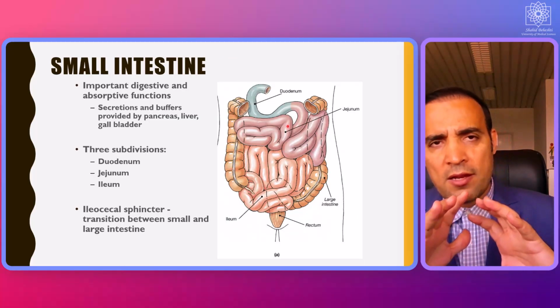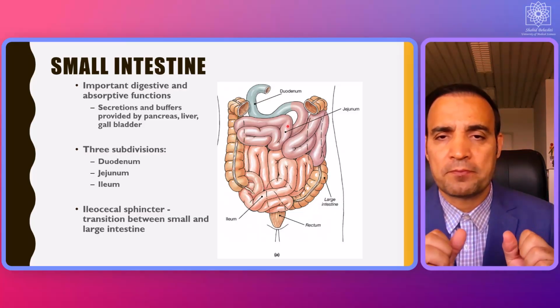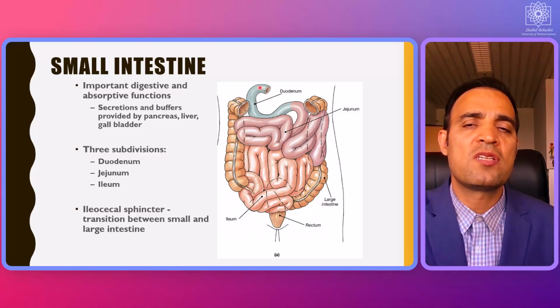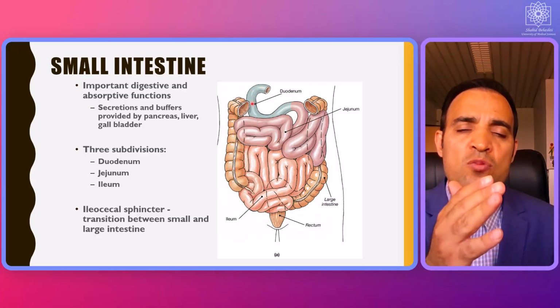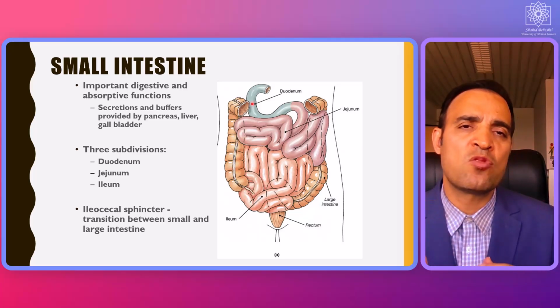Okay, let me wrap up this part. In the small intestine, you can see that food is entering the duodenum. Food will move forward by peristaltic movement and mixing movement all the time.